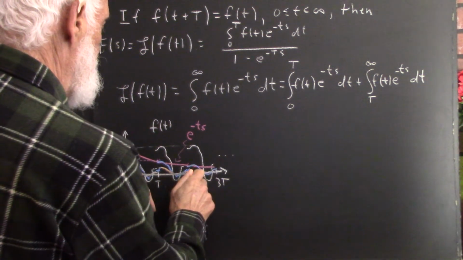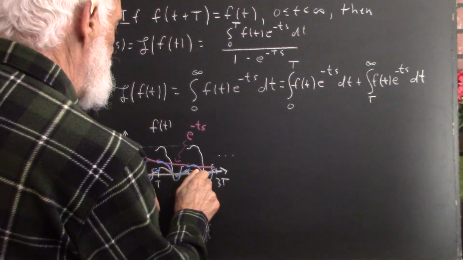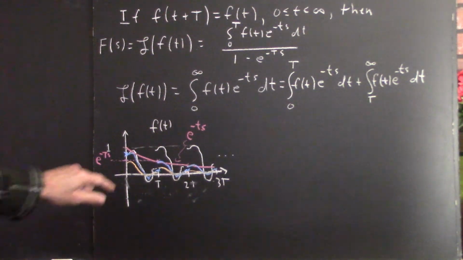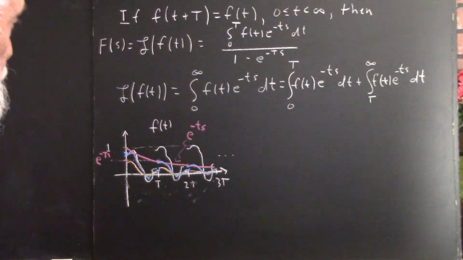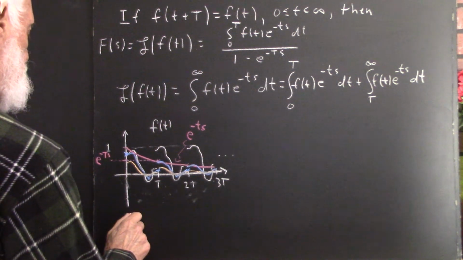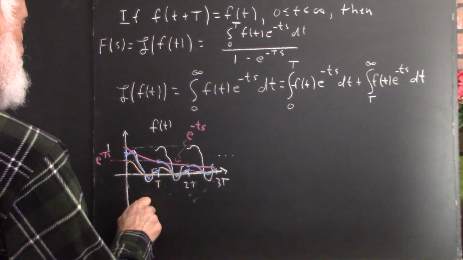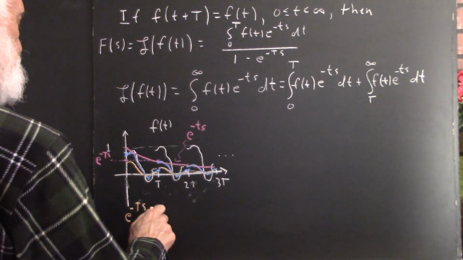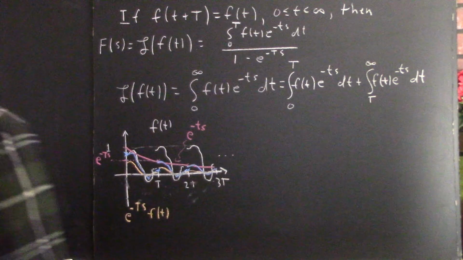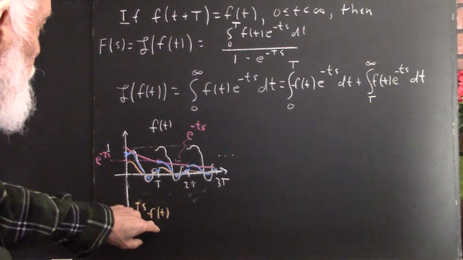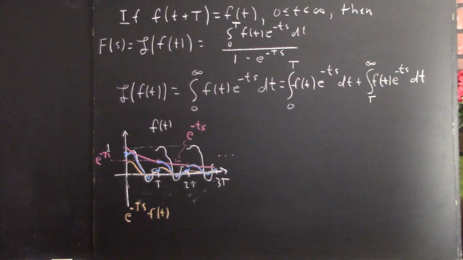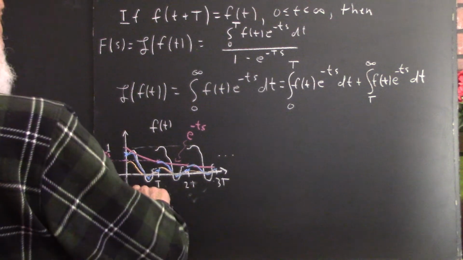And then the next period will be even smaller. Okay. Now, this graph is then the graph of e to the negative capital Ts f of t. Again, not going to try to completely make that argument.